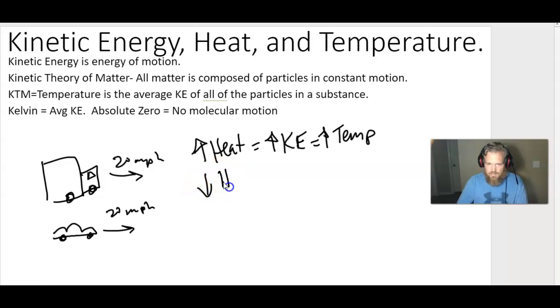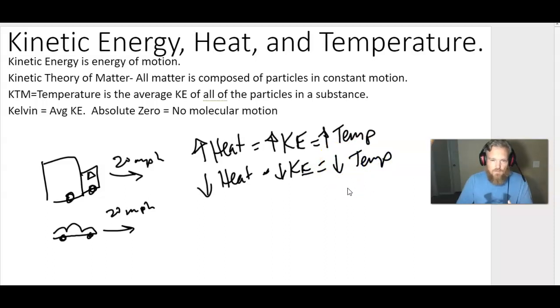So if I decrease heat, right, then that is going to decrease kinetic energy, and that is going to decrease temp, right? So if you understand, if I'm applying heat to something, that should cause the particles to move faster, and then that should cause more Miyagi friction, which then causes more temperature, right?